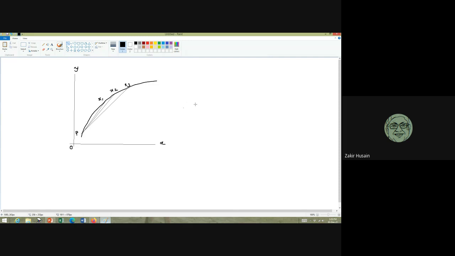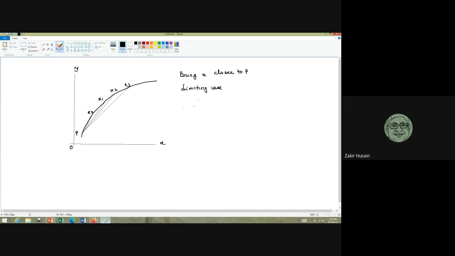Instead, let us bring x closer to P. That means we bring it closer and closer. Let me label this x0. And what will be the limiting case?